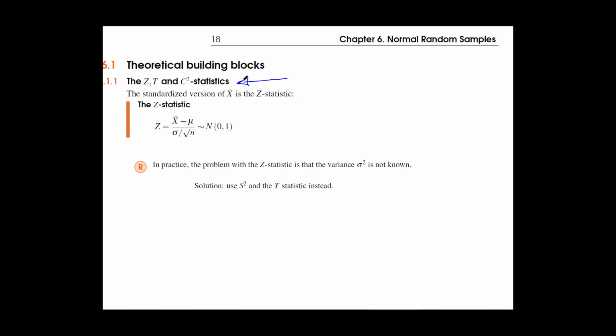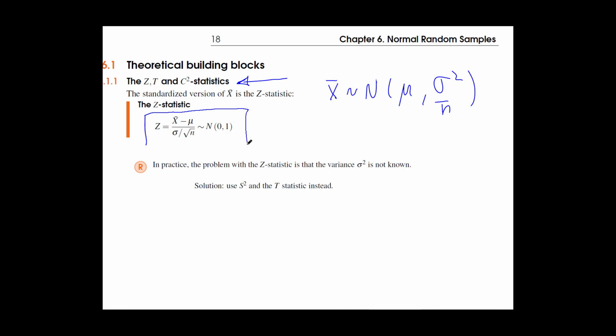All right, let's start with the z statistic. The z statistic is like the z random variable we saw before. It's a normal 0, 1 random variable, okay? But in the context of statistics, it corresponds to standardizing the distribution of the sample mean, because we know that the sample mean has normal distribution mu, sigma squared divided by n. If we compute the z-score of the sample mean, this is what we obtain, the famous z statistic.